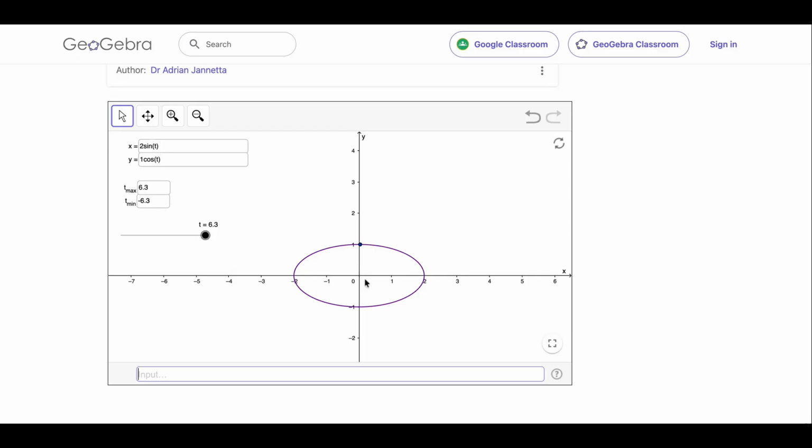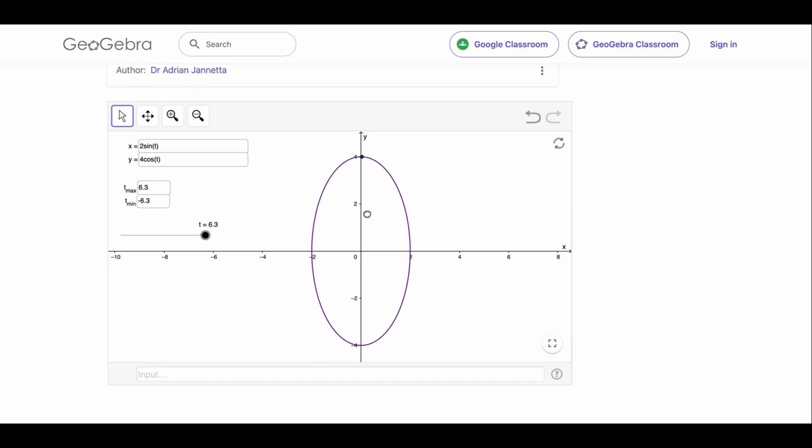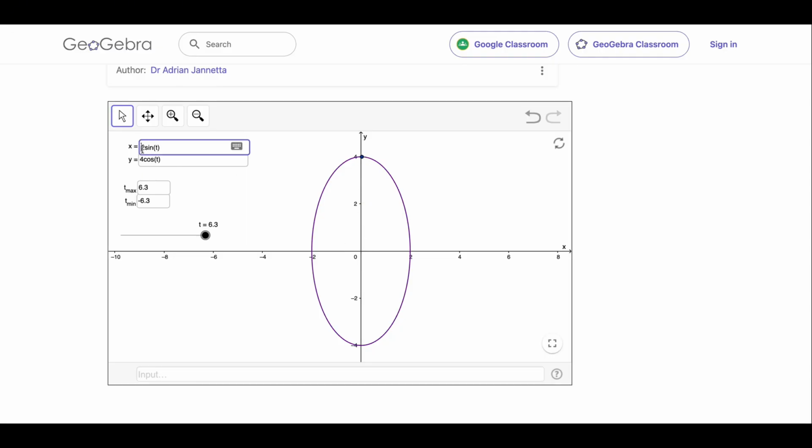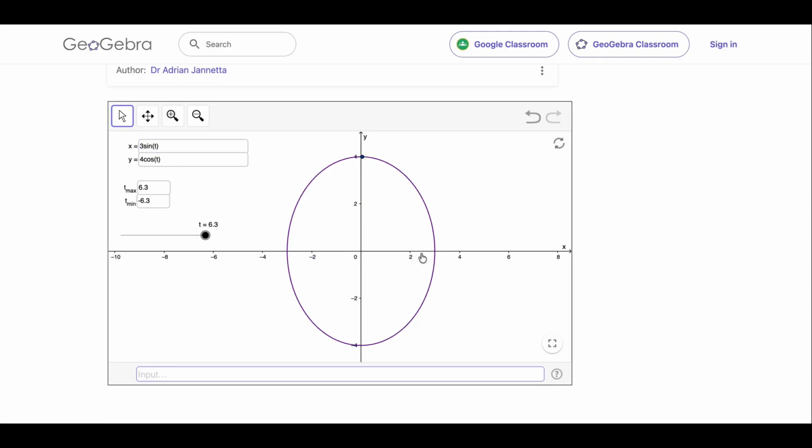Notice how it is centered at the origin and it goes 2 radius here. And notice how the radius along the y direction is 1. If I put a 5 here, or let's say 4, then it's just going to stretch it along the y direction. So now the radius along the y direction is 4.